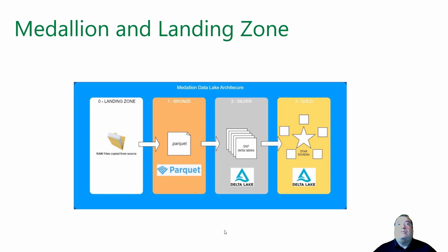This is important. The data lake can become the single source of truth of your environment, your corporation. You need to be able to track where the data came from. You need to be able to track the lineage of the data.